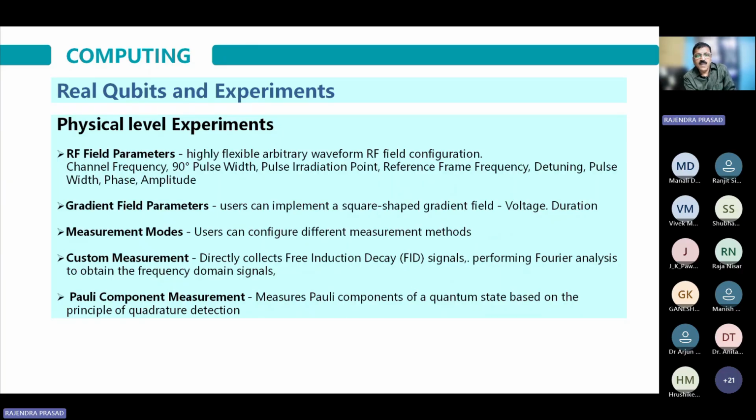And for measurement, different measurement modes are available in quantum that we can understand. Custom measurement can be introduced. The free induction decay, these are all available in our quantum computers. So you can collect, perform, as well as understand.